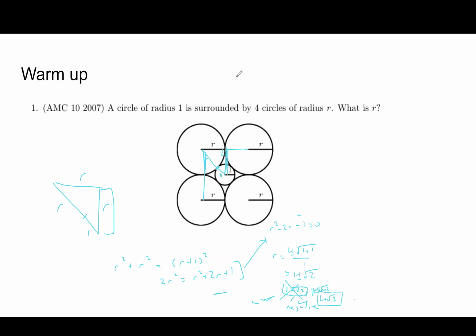Yeah, so when you're doing these questions, you want to be really, really careful. You don't want to straight up assume that the radius is 2, because from the diagram it's hard to tell. Okay, I'm not saying that.